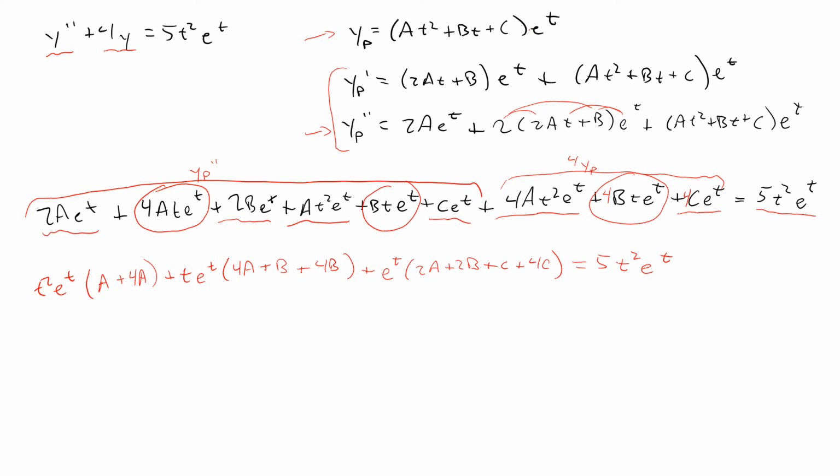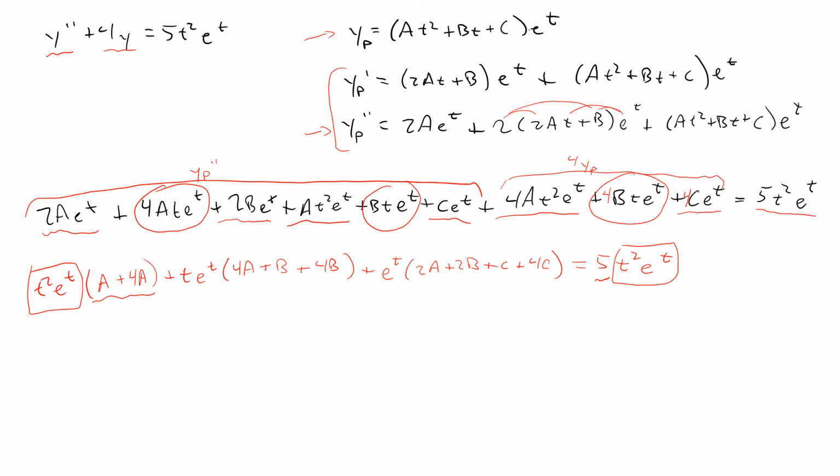So now if I compare the two sides to my equation, notice on the right hand side I have a t squared e to the t showing up. So the only thing on the left hand side that should really give me a coefficient would be this t squared e to the t on the left hand side. So that tells me that the coefficient here, a plus 4a, should equal the coefficient on the right-hand side, which is 5.